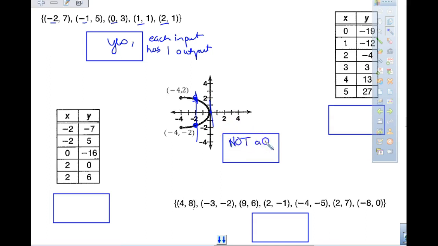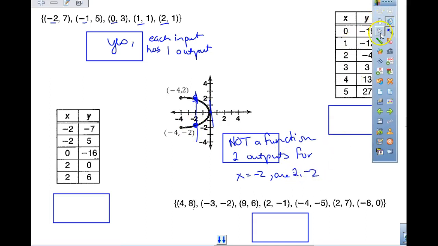Not a function. Please write that down, Wyatt. So not a function, and our reason is going to be because there are 2 outputs for x equals -2. The 2 outputs are up at 2, it looks like, and down at -2.